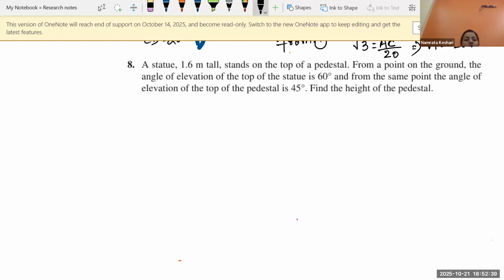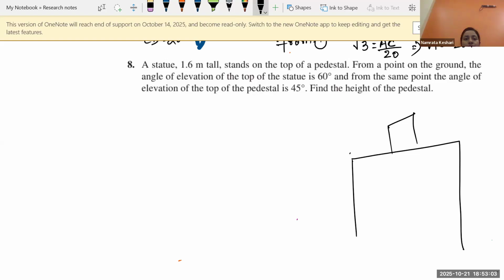Okay, so a statue 1.6 meter tall stands on top of the pedestal. So yeah, you have to read the question carefully because the statue which is 1.6 meter tall is standing on the pedestal, right? You must have seen that pedestal and on the top of that, the statue.